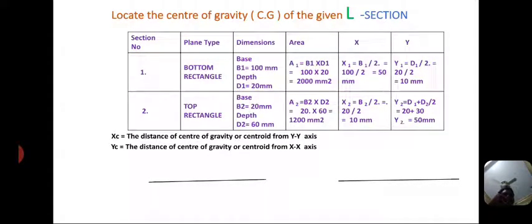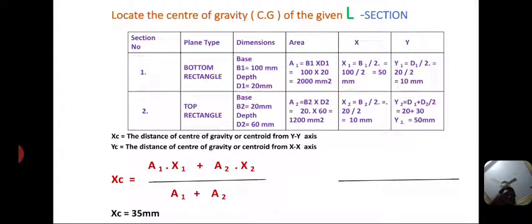Here xc is the distance of center of gravity or centroid from the y axis, and yc is the distance of centroid or center of gravity from the x axis. From the basic expression, x equal to a1 x1 plus a2 x2 by a1 plus a2.